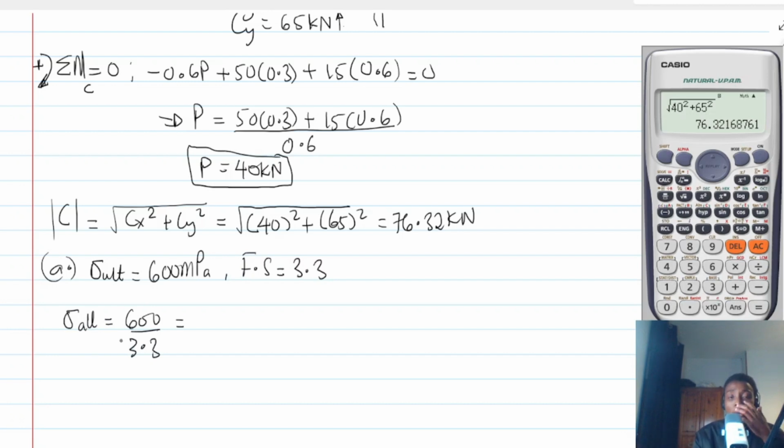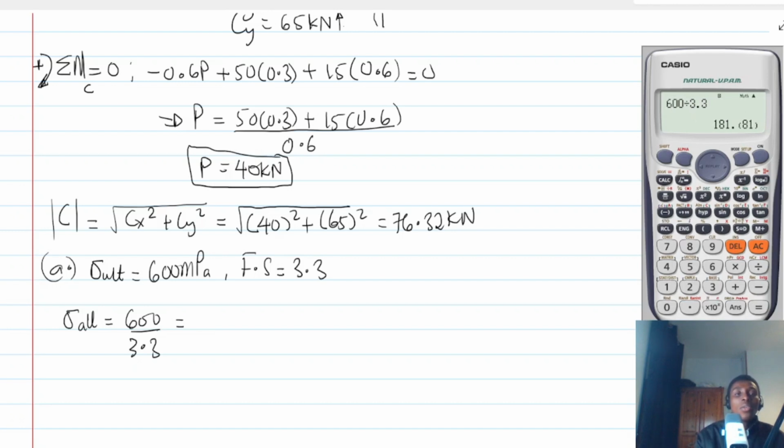So in other words, your allowable stress is your design stress divided by the factor of safety. Okay. So what is it? 600 divided by 3.3.